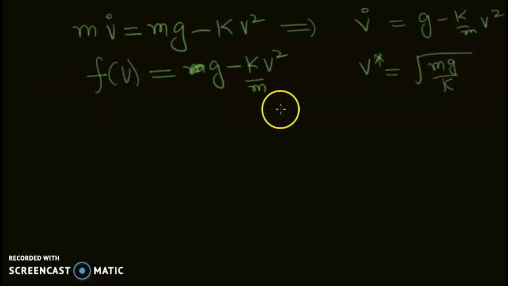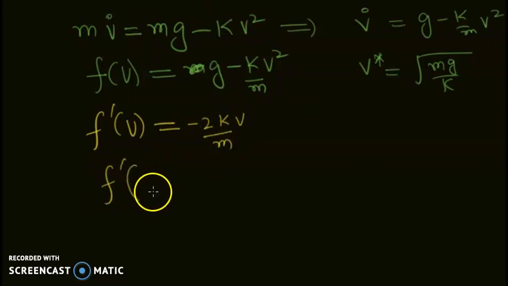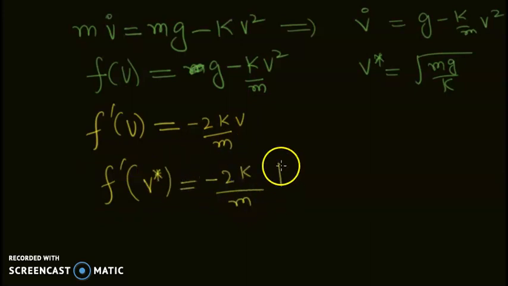Using the linearization theorem, we first calculate the derivative of the right hand side of this differential equation, and it turns out to be minus 2kv over m. When we substitute v star, the square root of mg over k, we can see that it's negative.